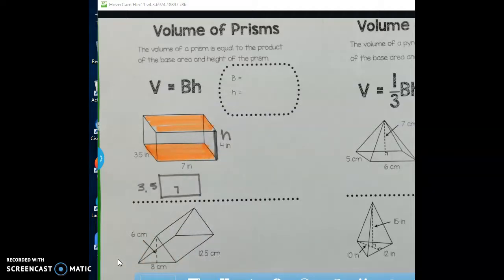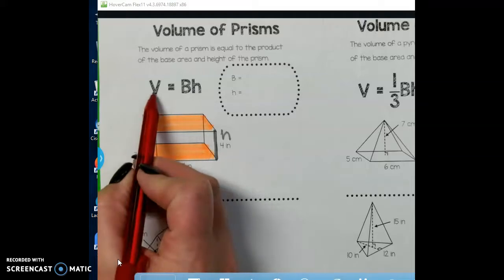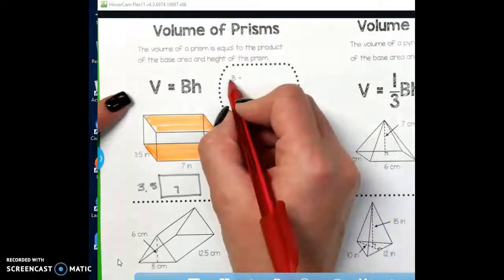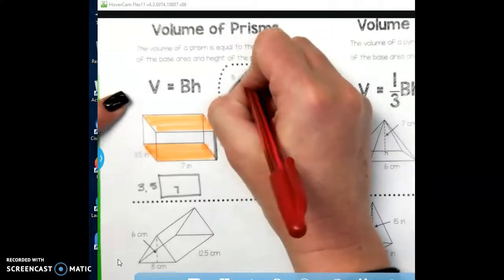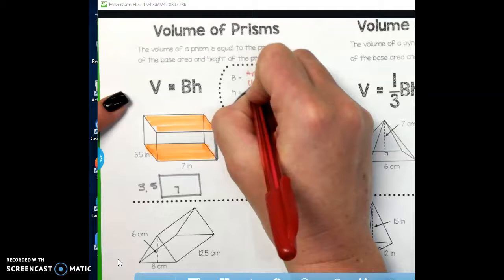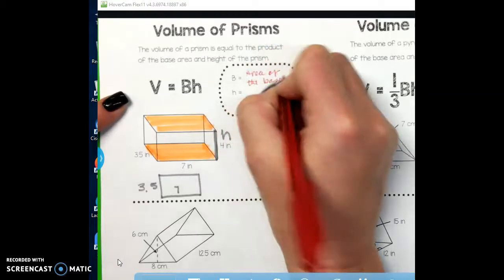I hope you are realizing that we have very familiar variables in our formula. Volume is equal to the product of capital B and H. Capital B, as before, is the area of the base, just one.